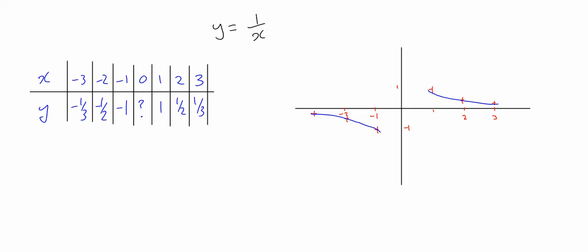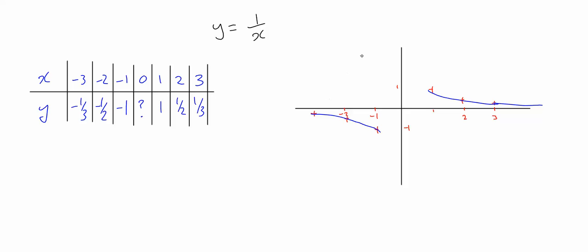We might be able to tell that if x gets larger, if x is 4, y is a quarter, 5, y is a fifth, and so as x gets larger, y gets smaller and smaller, and the curve will continue like that, getting closer and closer to the x-axis, but never actually crossing it.